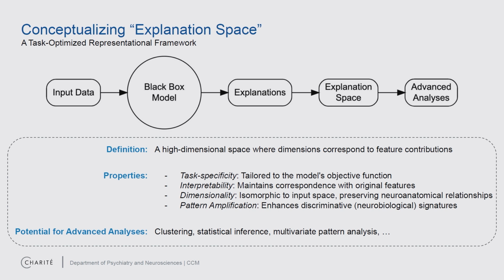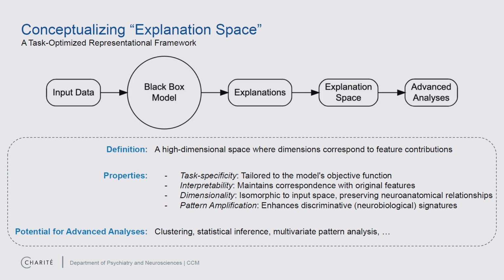The dimensionality is isomorphic to the input space, so we are preserving the neuroanatomical, the spatial relationships, which is going to be useful for analysis. And that's the crucial part. There is, at least that's what we suspect, pattern amplification. Ideally, we would expect this space to amplify, to enhance the discriminative or predictive neurobiological structures with regard to the target that we conditioned our model on.